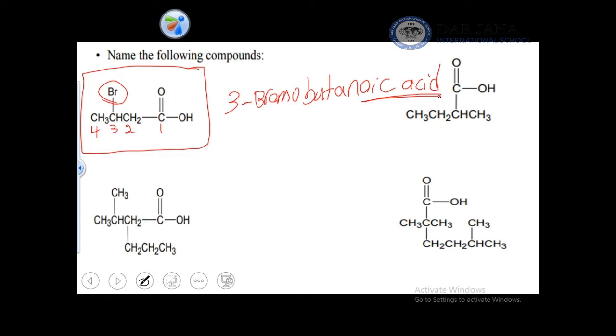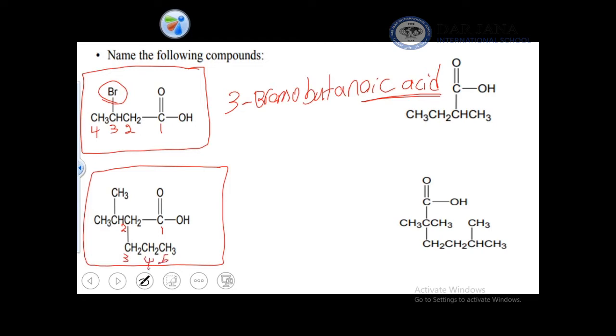Let's name the second example. Let's choose first the longest chain. The longest chain starts from the carbon of the carboxyl group: 1, 2, 3, 4, 5.